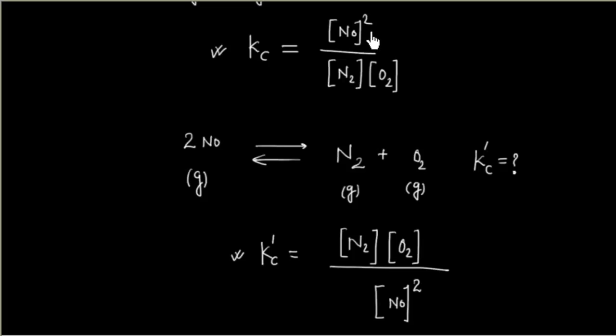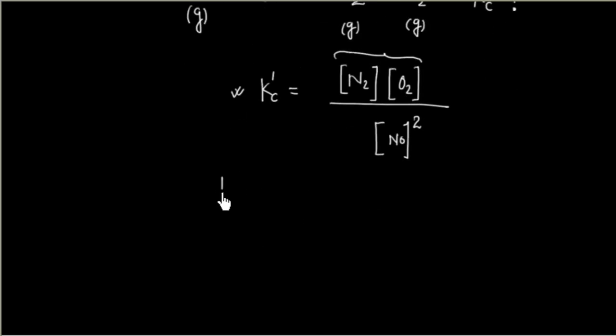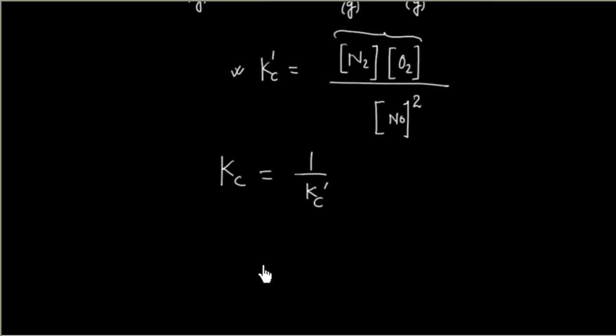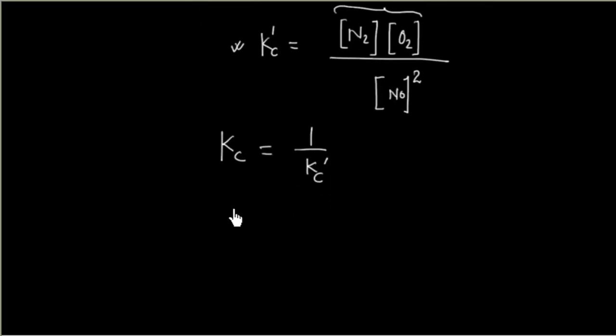In this case, NO to the power 2 is in the numerator. In this case, this is in the denominator. Here N2 and O2 are in the denominator, but here N2 and O2 are in the numerator. So basically now we can relate Kc as nothing but 1 by Kc dash. So from here we can write Kc dash equals 1 by Kc.